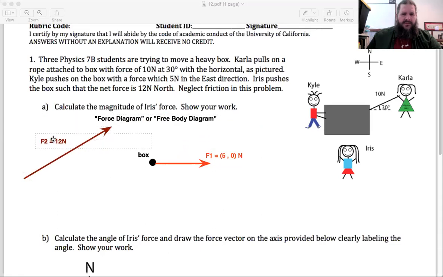12 newtons. And we want to split that into the X and Y components. An X component and a Y component. So we could call those F2X and F2Y. And we know that the angle between them is 30 degrees.